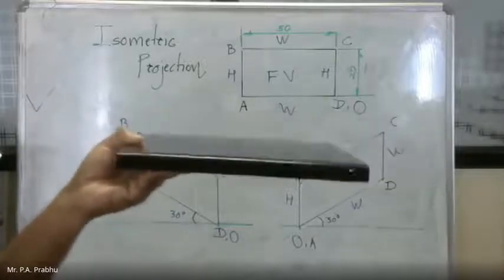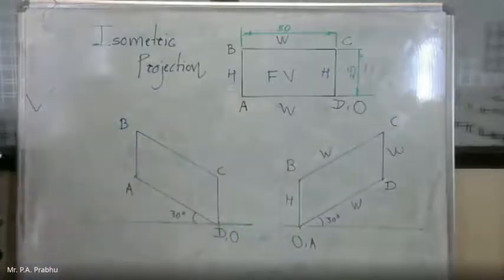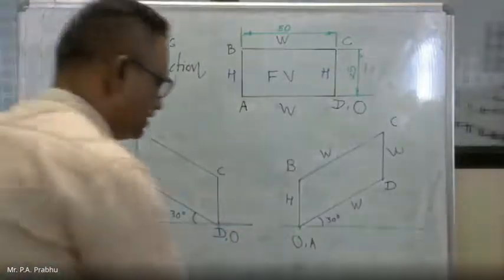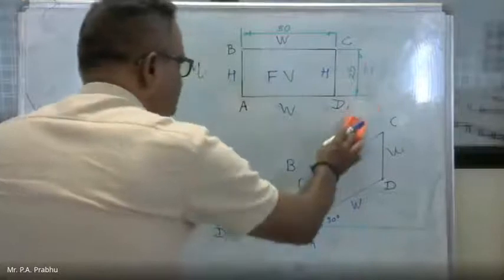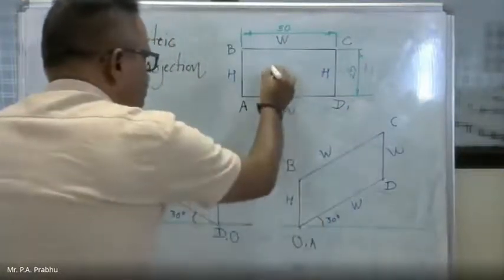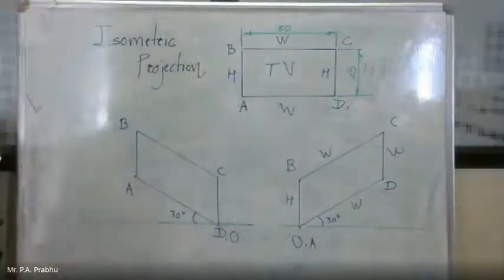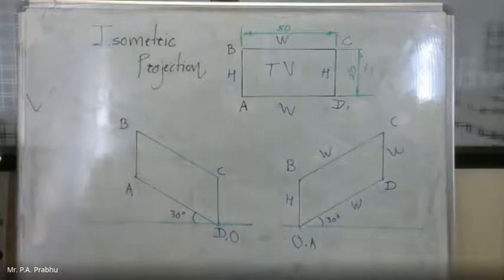The same diagram is given, but now this is the top view, not the front view, and we have to draw the isometric drawing of this horizontal plane.